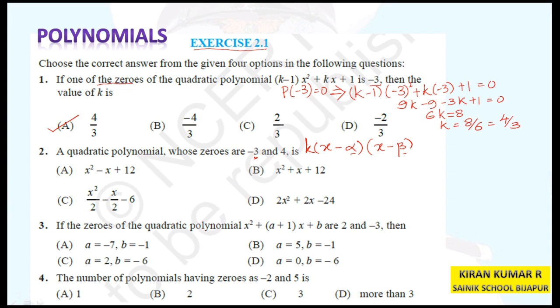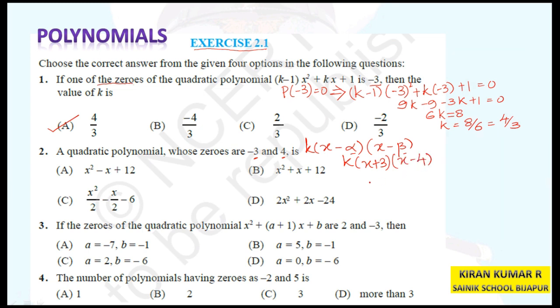Here alpha you can take as minus 3, beta as plus 4. We will be getting k times (x plus 3) times (x minus 4).